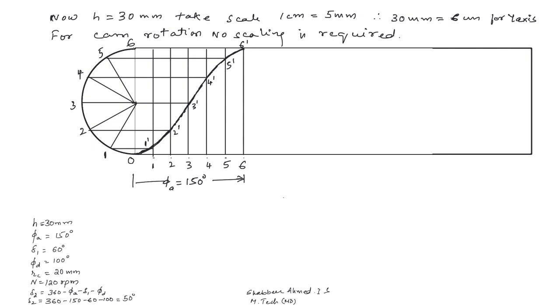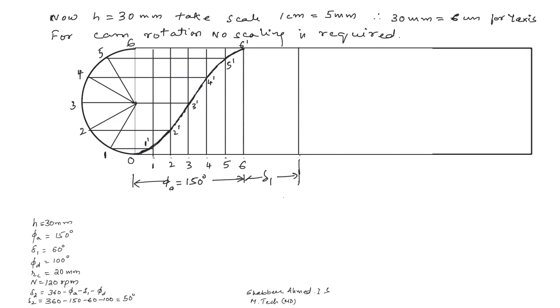So ascent is with simple harmonic motion. So we have to draw it according to the simple harmonic motion. Now leave some gap. This is the dwell at the top position. Okay, so let us say here this is delta 1 up to here.